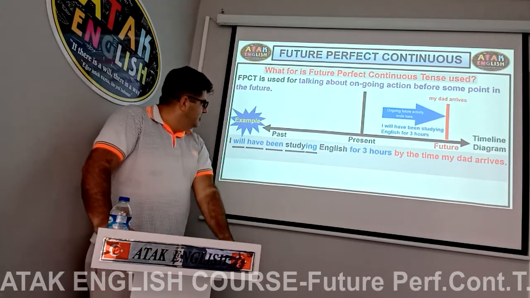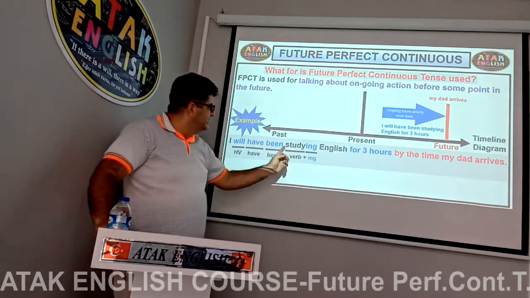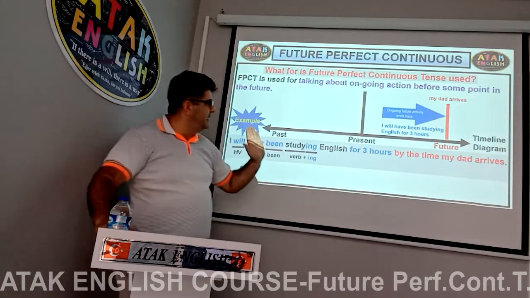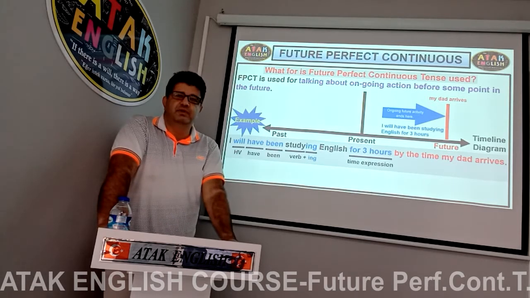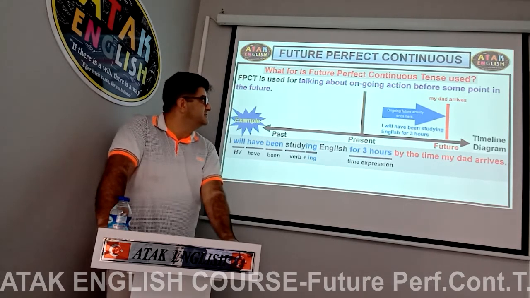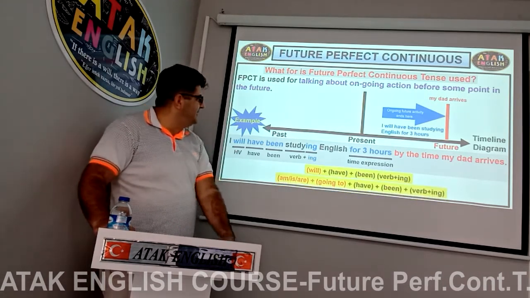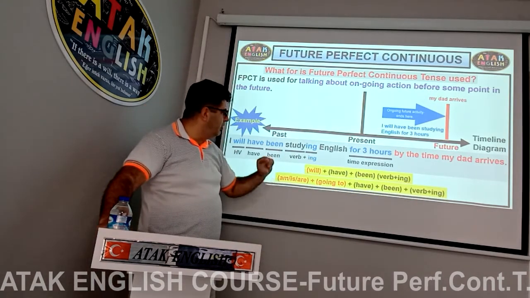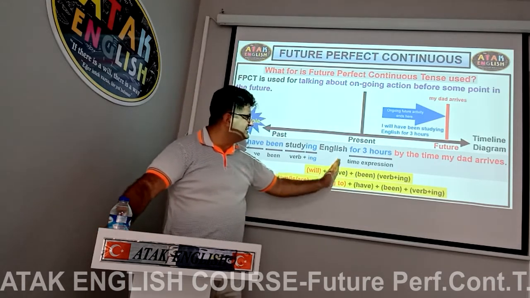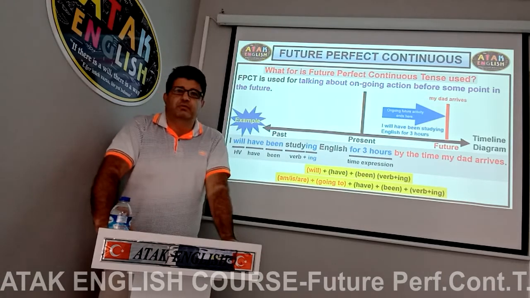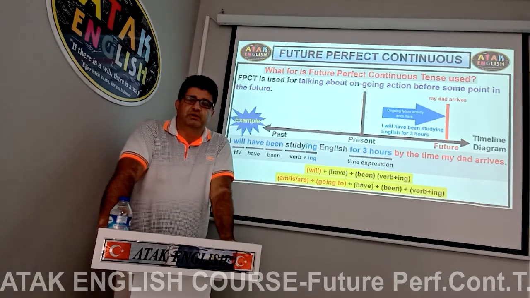Because we have will have been studying, and the time expression is also the time expression of future perfect continuous tense. And our format is will, or instead of will, to be going to, plus have been plus verb-ing. It's our word format, verb-ing.